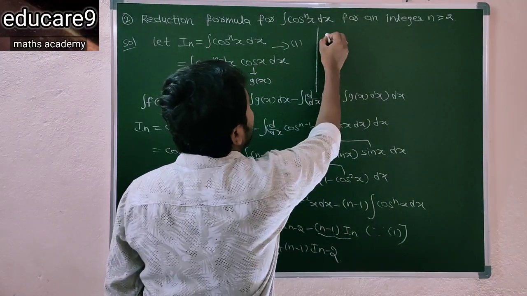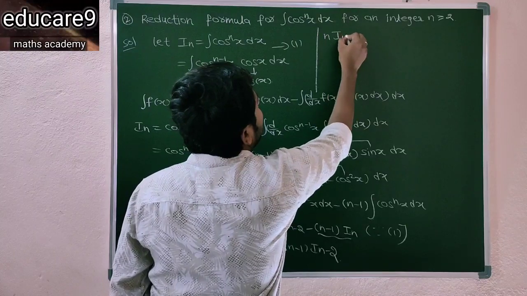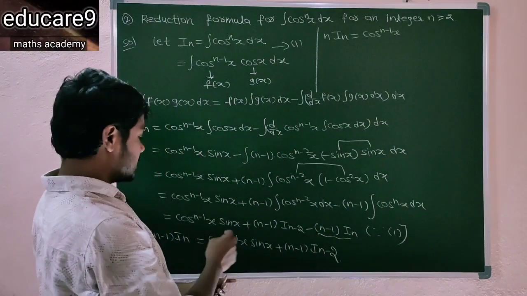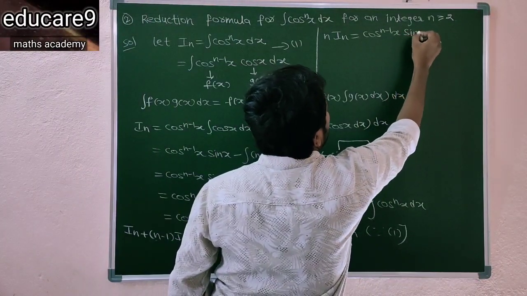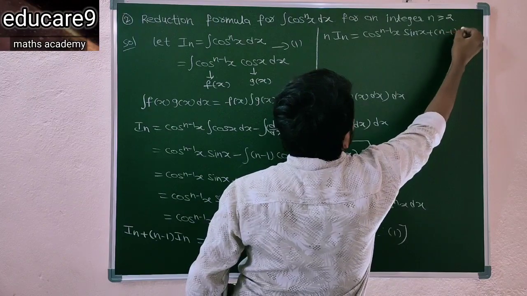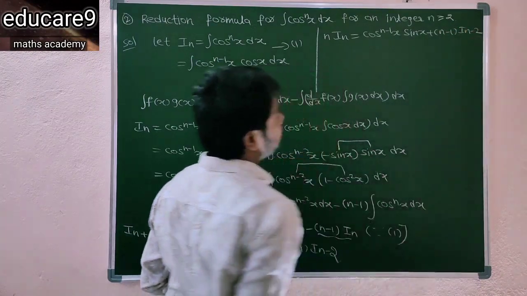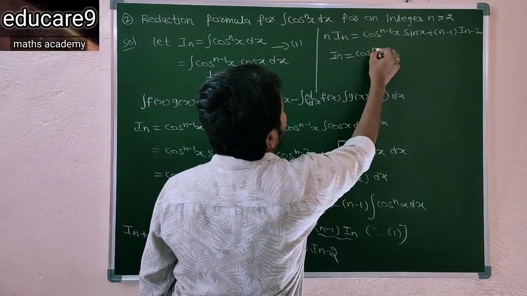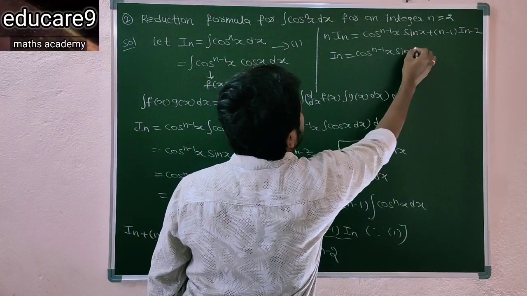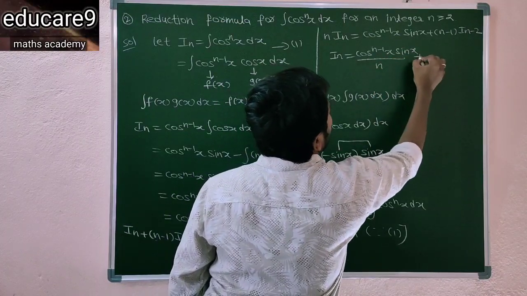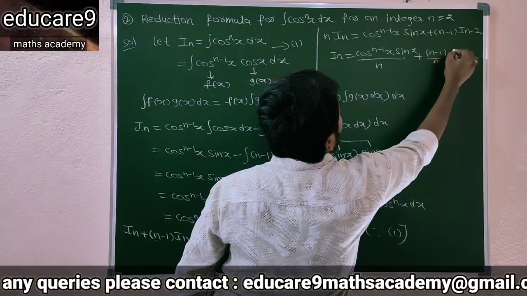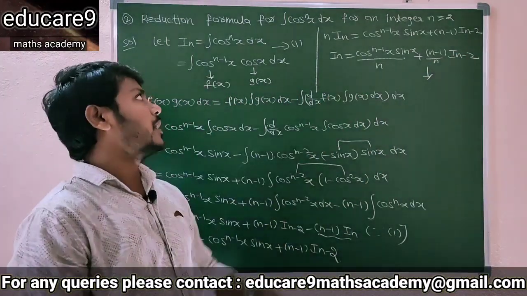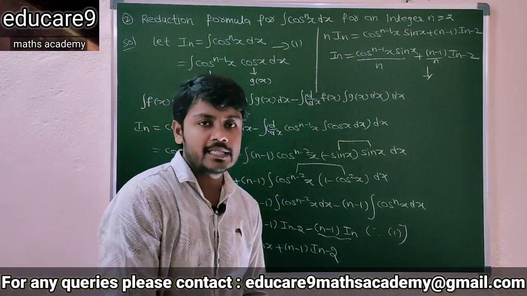So therefore n into In is equal to cos^(n-1) x sin x plus (n-1) into I(n-2). So from this, In value is cos^(n-1) x sin x divided by n plus (n-1) by n into I(n-2). So this is the reduction formula for integration of cos^n x dx.